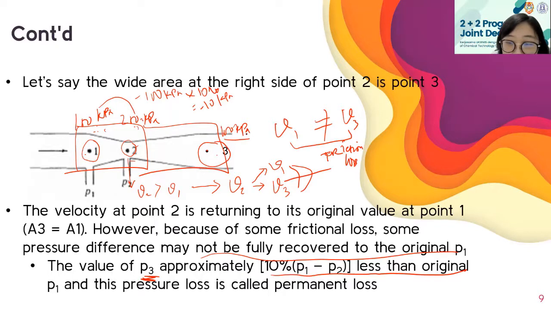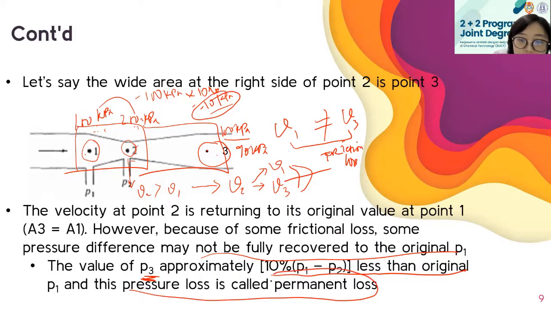So at P3, it's not 100 kilopascal anymore, but only 90 kilopascal. So it's 10 kilopascal less than the original P1. This 10 kilopascal is called the permanent loss, and it cannot be recovered because of the friction loss.